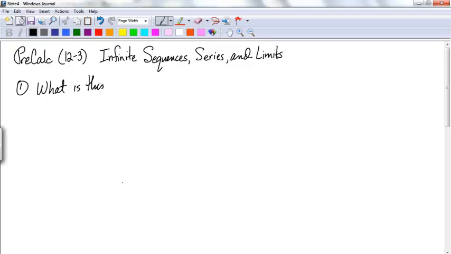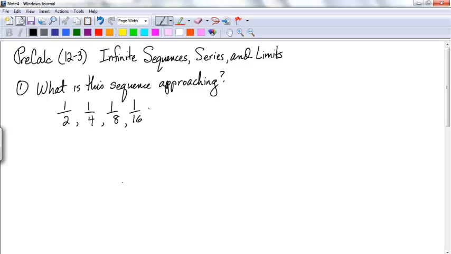What is this sequence approaching? Say I give you the sequence 1/1, 1/2, 1/4, 1/8, 1/16. What is that sequence getting closer and closer to?